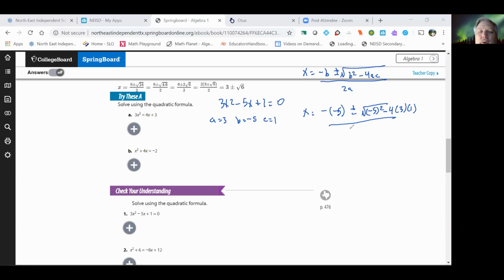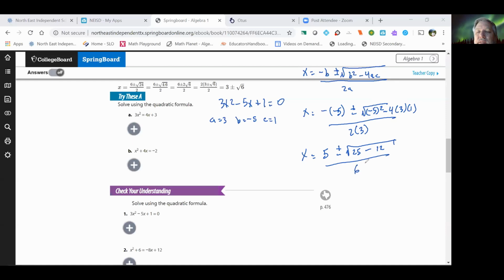All that over 2 times 3. So it's going to be x is equal to positive 5 plus or minus square root of, well, negative 5 squared is 25. I only have one minus sign, so it's going to be a negative. And 4 times 3 is 12.